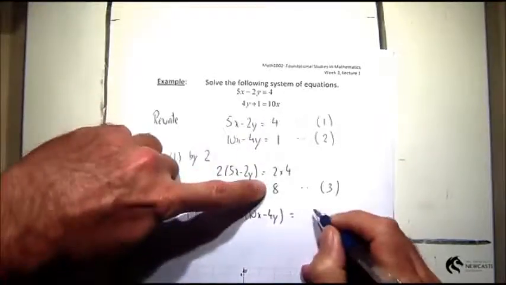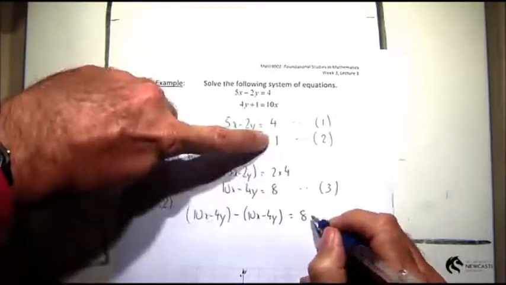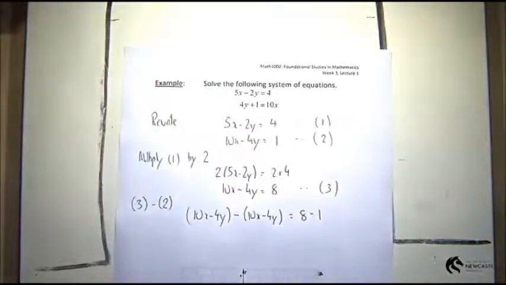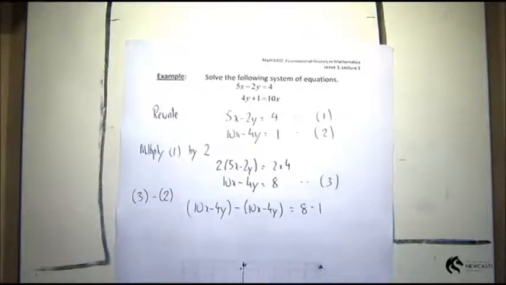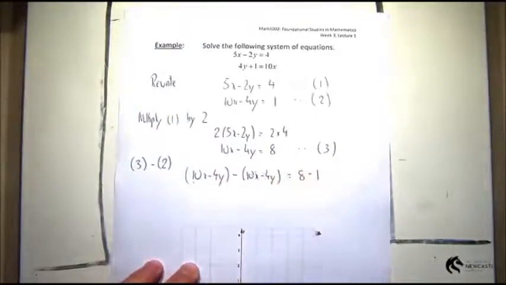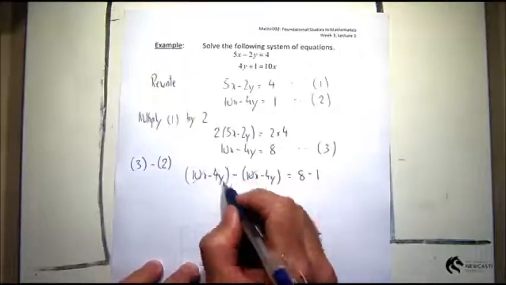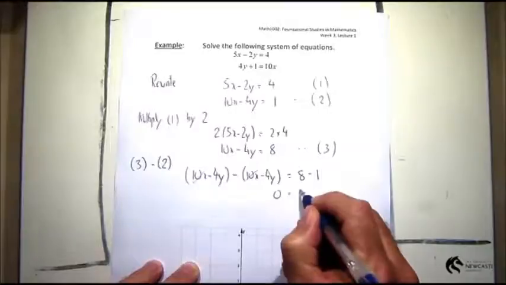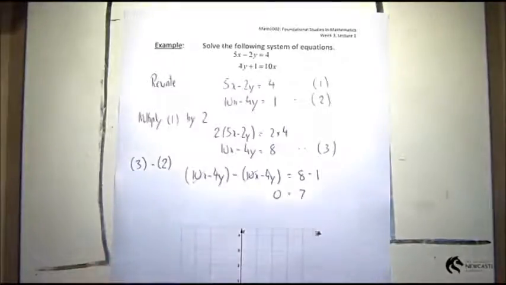On the right-hand side, I have 8, and from equation 2, I have 1. Now I was actually trying to eliminate the y, but 10x minus 10x cancels out, and minus 4y plus 4y, so on the left-hand side I end up with 0.